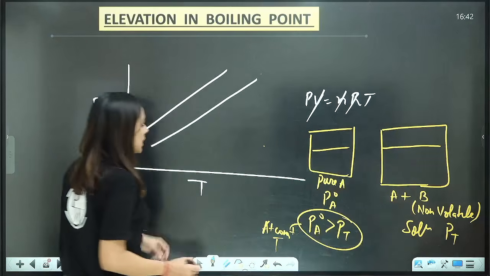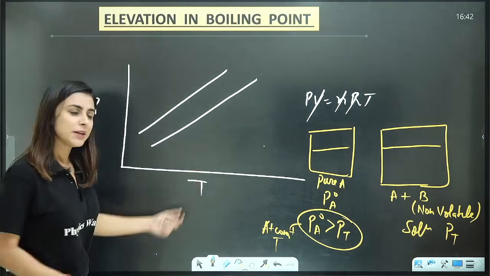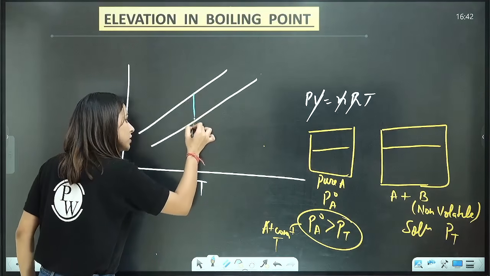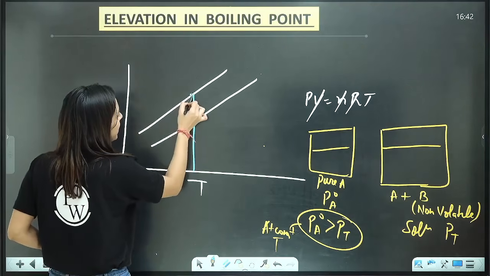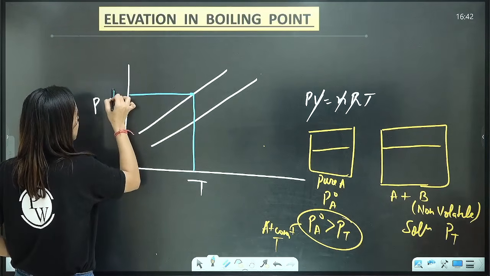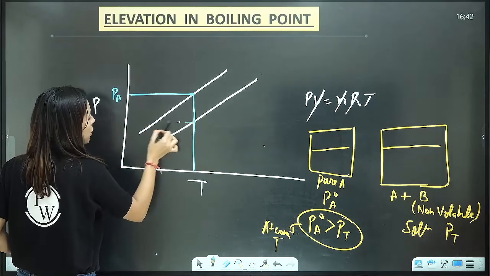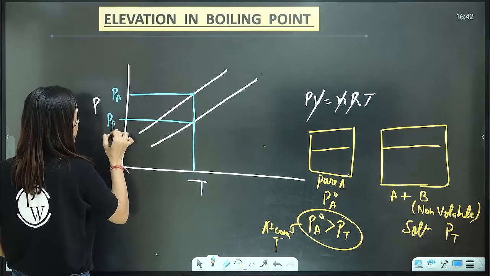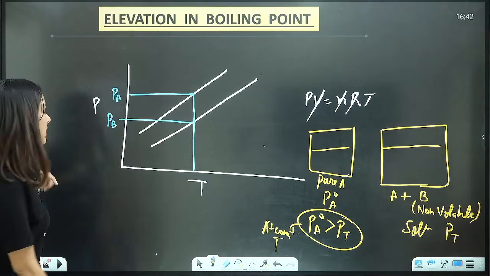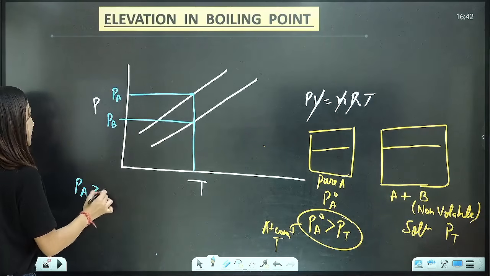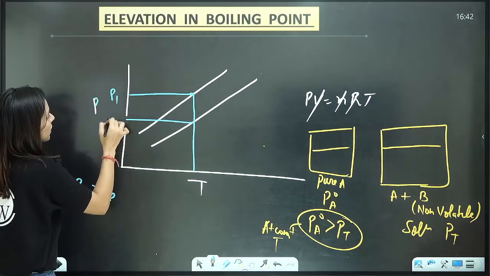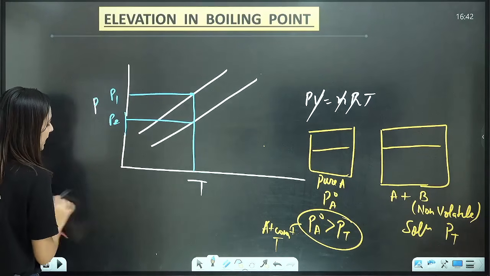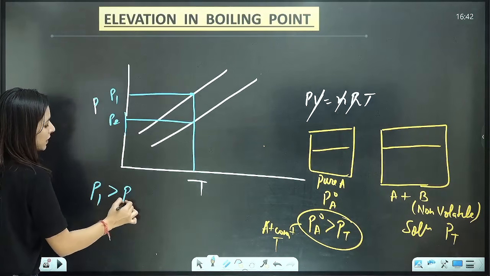I will take some constant temperature T. Corresponding to this, I saw that this is some pressure PA, and corresponding to this, this is some pressure PB. If I see, I can say that PA is more than PB. Call them P1 and P2. I can say that P1 is more than P2.